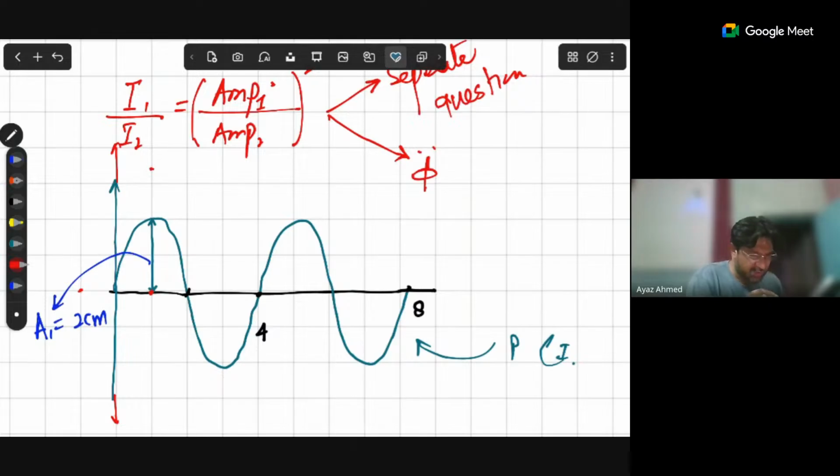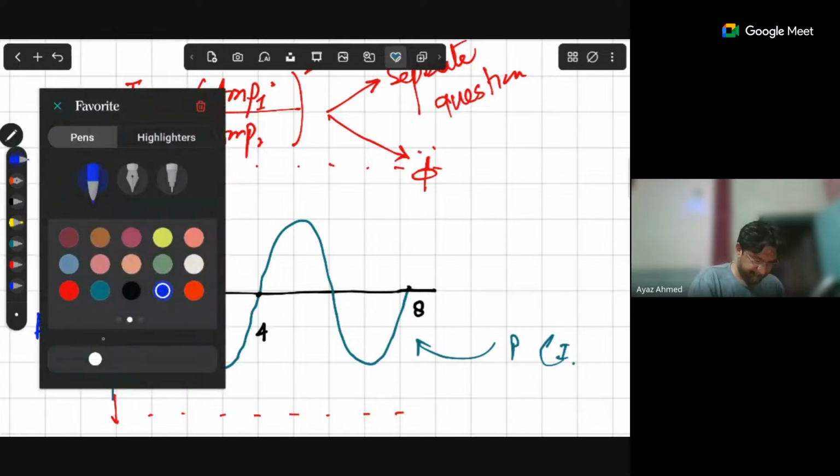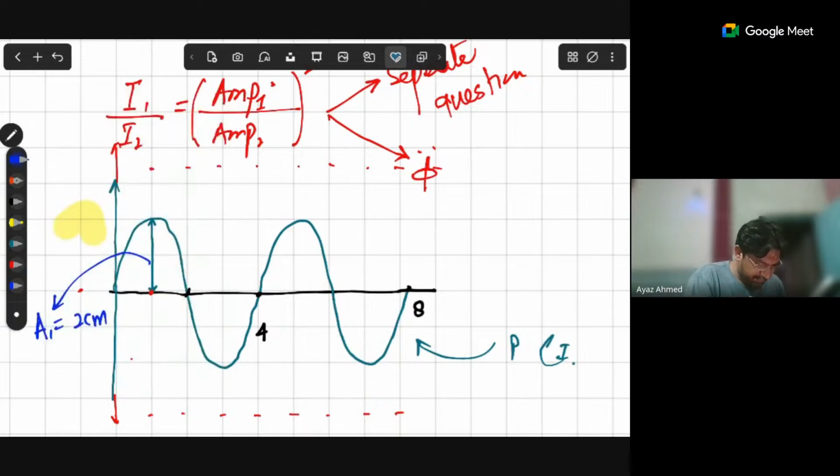So I would draw a dotted line here at 3.4, and again 1, 2, 3 and 3.4 position here, and I will maintain the phase difference, which will be something like this. Now I have to start the wave from here.